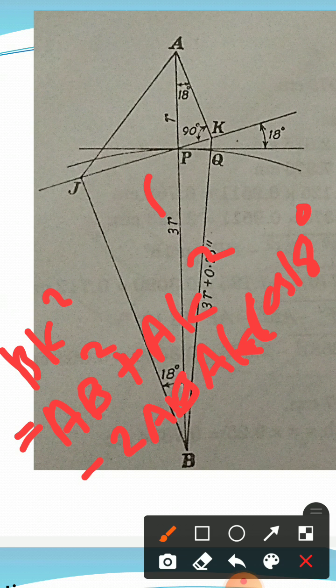Now AB we can find out by consideration of this triangle.